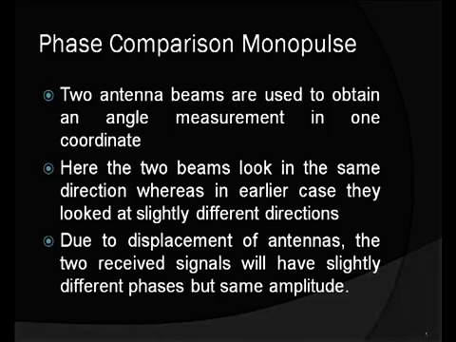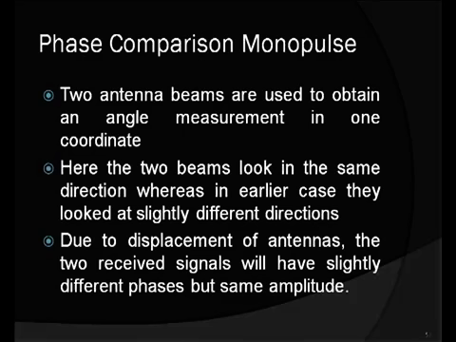Now let us see another type of monopulse, which is phase comparison monopulse. Two antenna beams are used to obtain an angle measurement in one coordinate. Here the 2 beams look in the same direction, whereas in the earlier case they looked at slightly different directions.